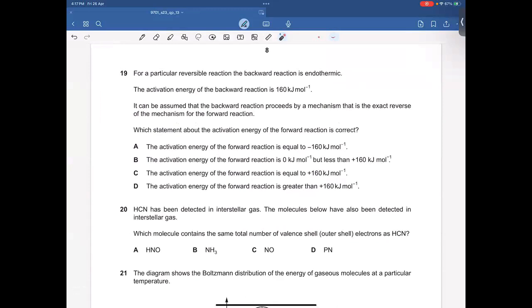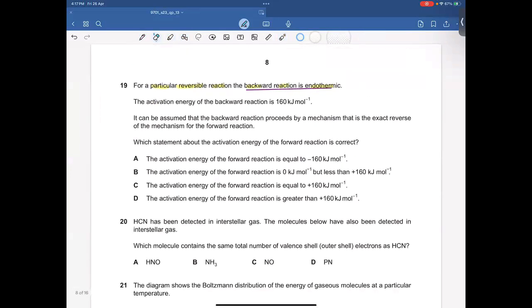For a particular reversible reaction, the backward reaction is endothermic. So if backward reaction is endothermic, this must be the case, I must say. A is reacting with B. Since reaction is reversible, represented by this sign, converting into C and D. This delta H. So examiner is saying that backward reaction is endothermic.